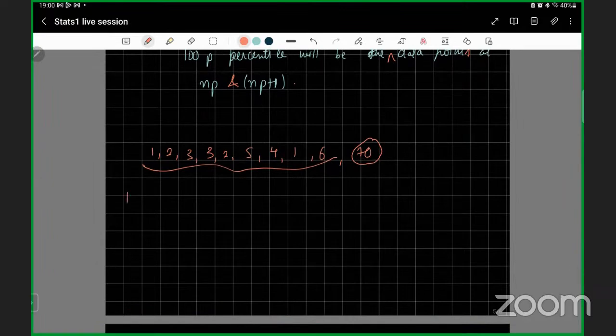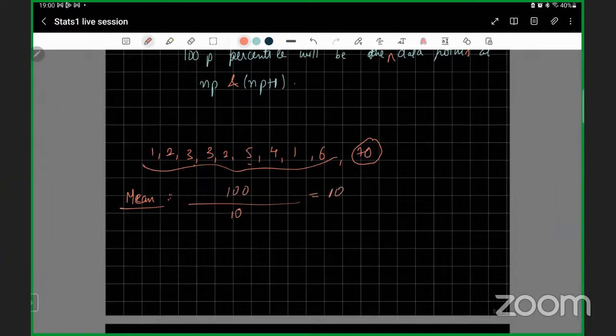Let's find the mean. How many data points? 1, 2, 3, 4, 5, 6, 7, 8, 9, 10. If you add everything, you get 100.